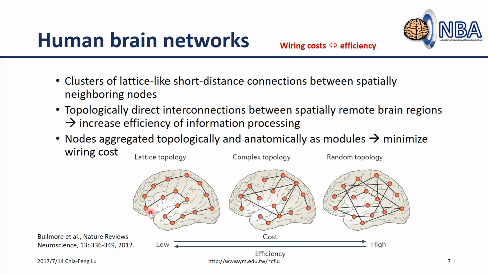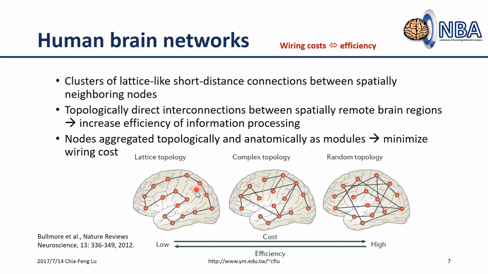For example, this is one of the prefrontal regions, and this one may be the postcentral region for somatosensory function or something else. The lines represent the connections between two different brain regions.